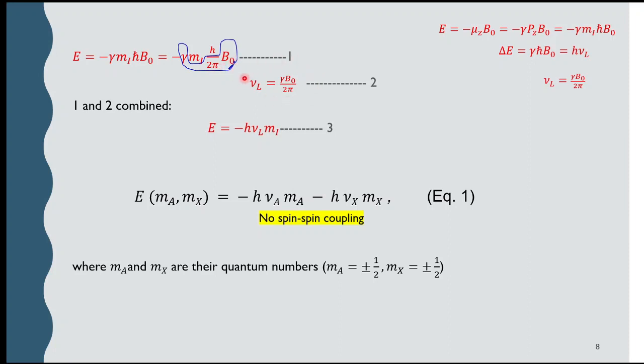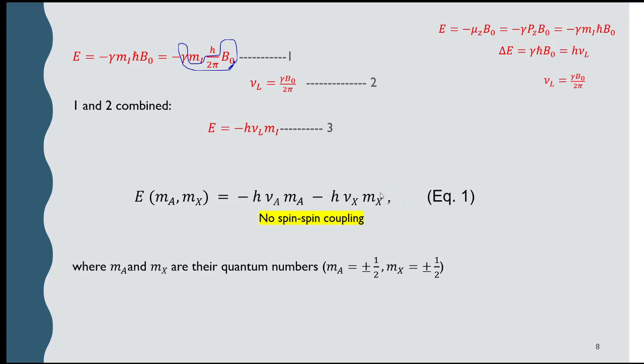Sure enough, that is actually the Larmor frequency. So if you combine equations 1 and 2, what you get is the equation that you see in equation 1. This is how the equation is obtained. As I said, I like to show how equations are derived so that you can appreciate the equation even more. So this is when there's no spin-spin coupling.